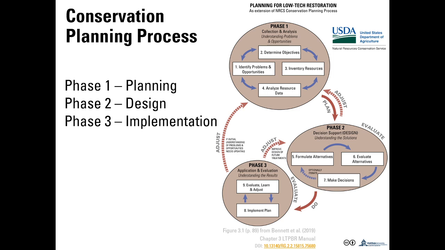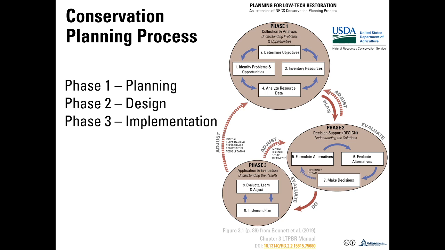All right, here's the conservation planning process that we're going to be following. And this is actually borrowed from the NRCS. The NRCS conservation planning process guides all the actions that we do at NRCS in our planning with landowners in terms of conservation and restoration on a wide variety of resource issues.